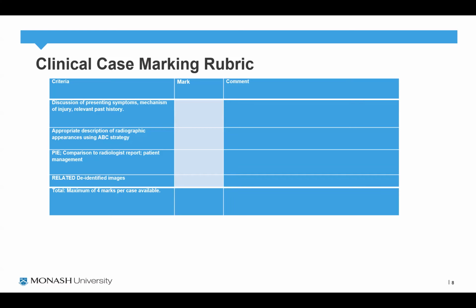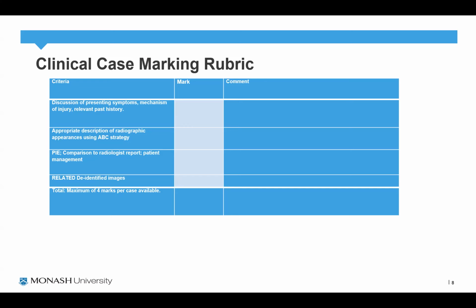If it's an abnormal case and you identify that there is a fracture that involves the joint, then you would write about the bones and the cartilage. But there's no alignment issues. So you don't have to include all of the ABC points when you write up your PIE report, just to save some of the word count.